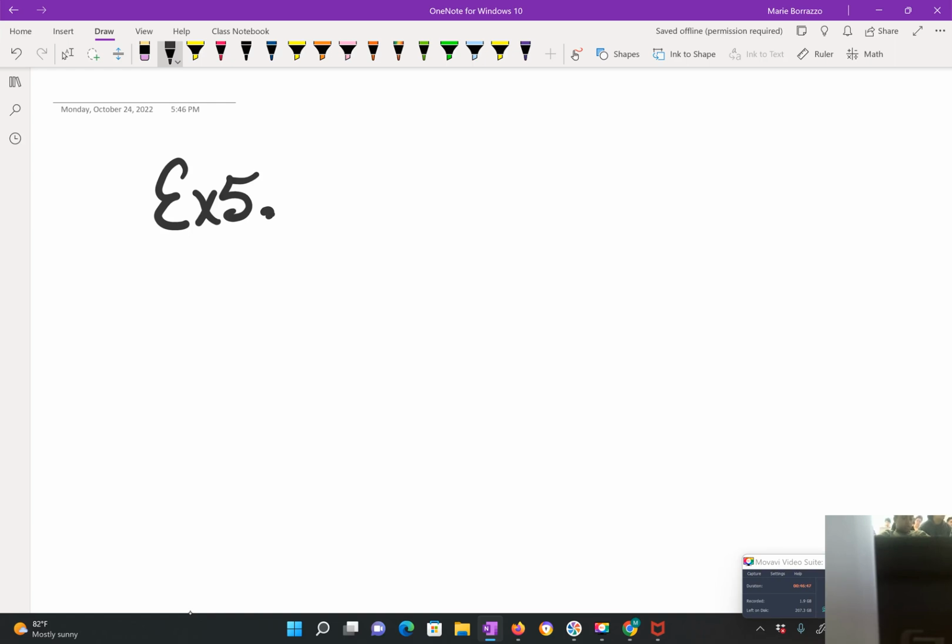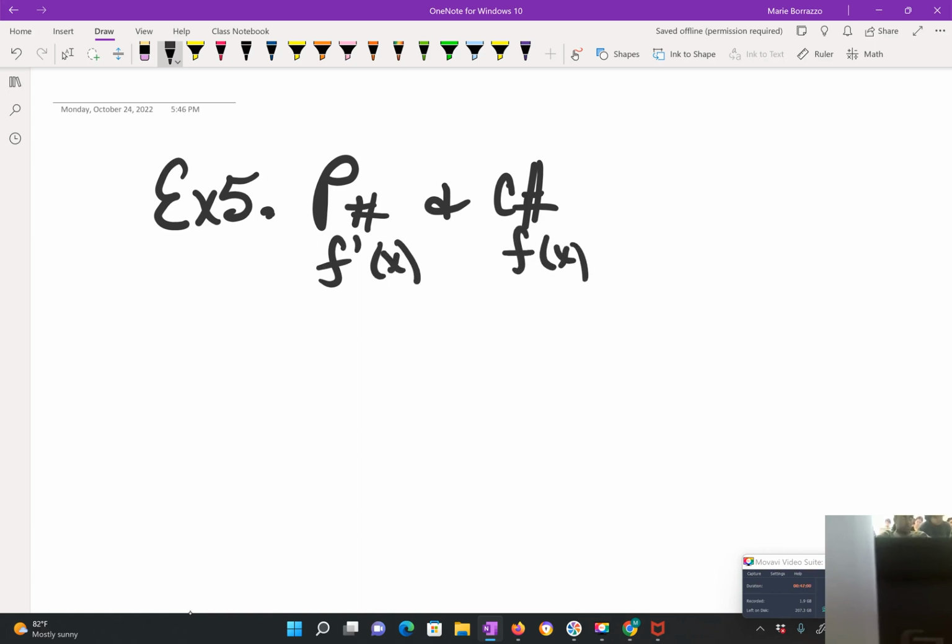They're asking for the partition number and critical number. This is for the first derivative, and this is simply for f of x. So f of x is equal to 8 natural log x minus x squared.